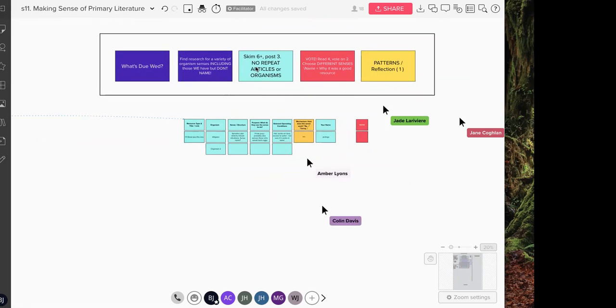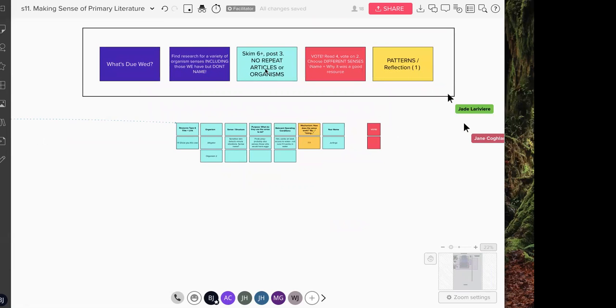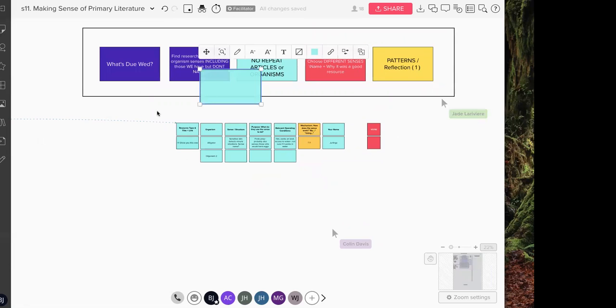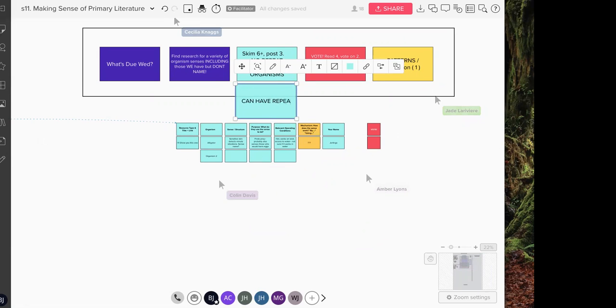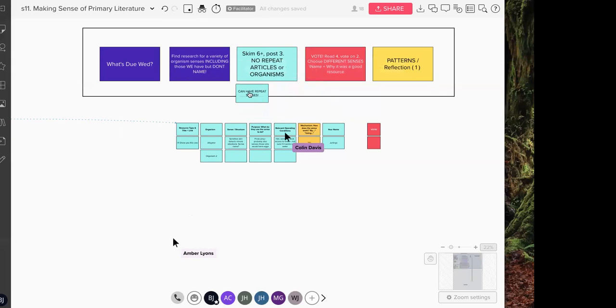I want you to skim at least 6 articles or more, and post your top 3. I do not want any repeat articles. I do not want any repeat organisms, but I will have repeat senses, which makes sense. You can have repeat senses, and that's going to pop up and help us find some patterns.